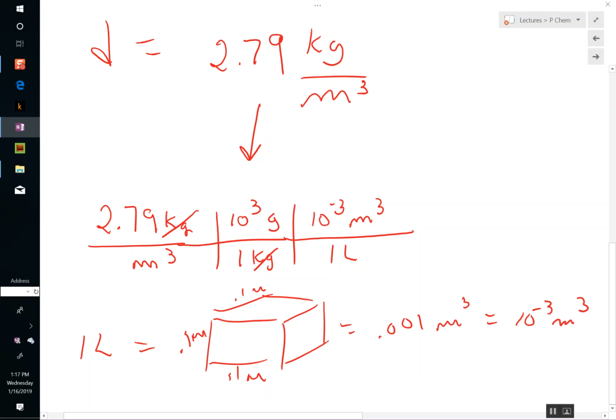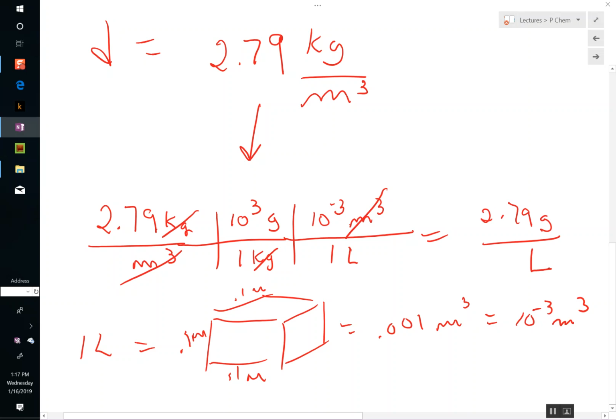We want our cubic meters to cancel out, and we go from 2.79 kilograms per cubic meter to 2.79 grams per liter.